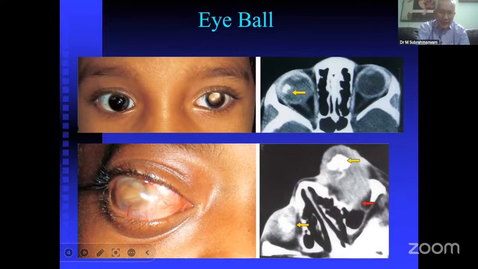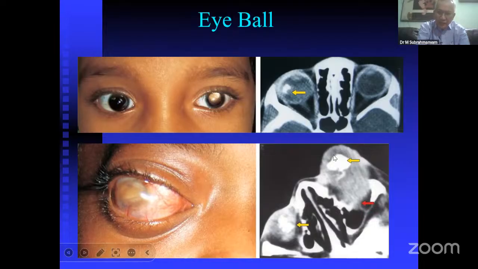Here you can see a patient with proptosis and a slightly bigger cornea, and some white reflex that is there. The pupil is dilated, and you can see the amaurotic cat's eye reflex. So what does the CT show? The CT shows proptosis with the posterior part of the sclera being eroded, and the tumor has extended posteriorly into the orbit, and you can see that in the eye there is a lot of calcification in the tumor.